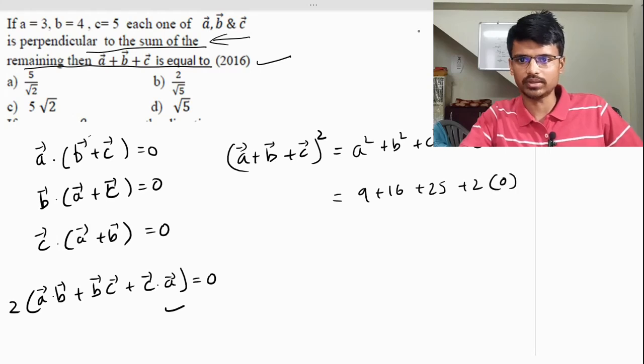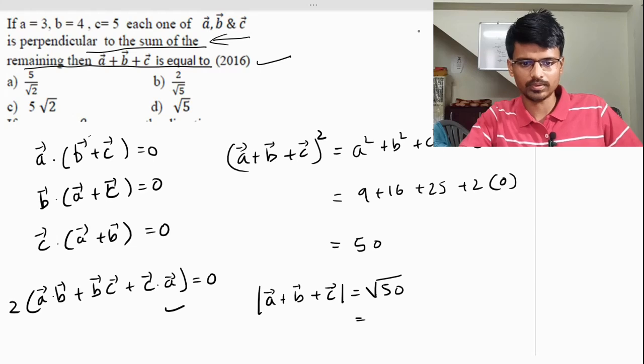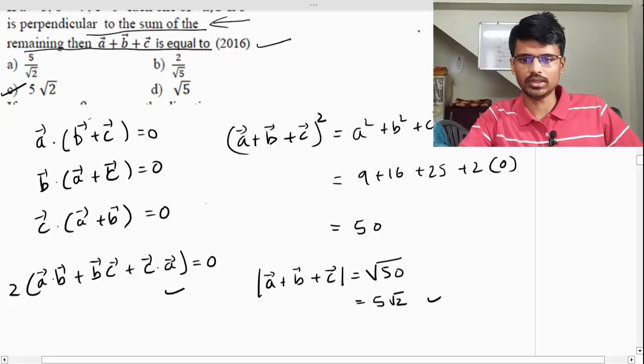I know that, right? And so this comes out to be 50, right? But we are asked the magnitude of that vector. So to find the magnitude, I can just take the square root of it. So this is nothing but 5 root 2. So the correct answer is option C. Okay, let's move on to the next question.